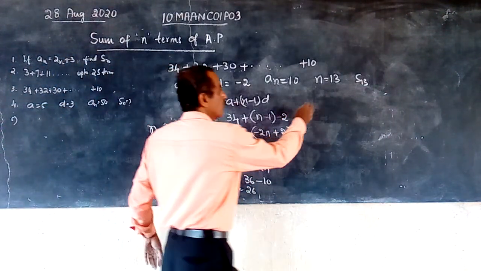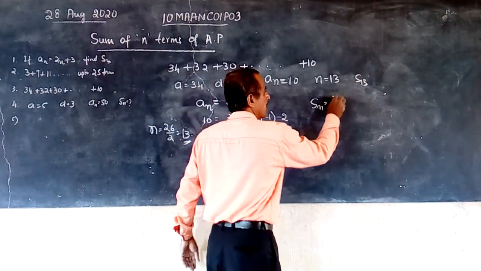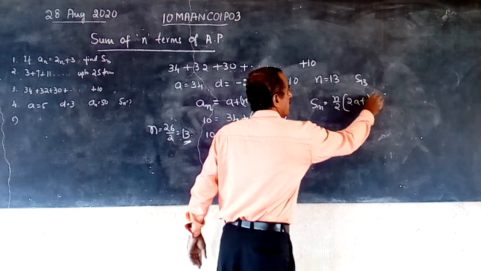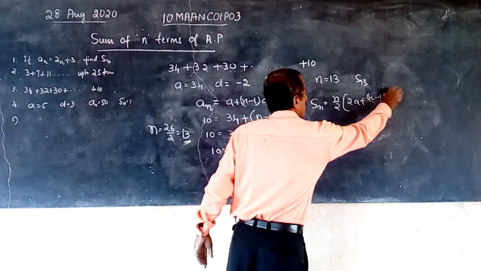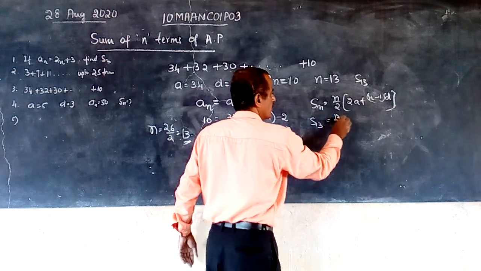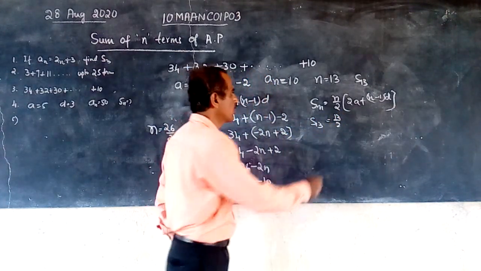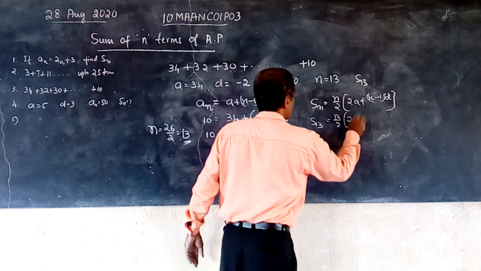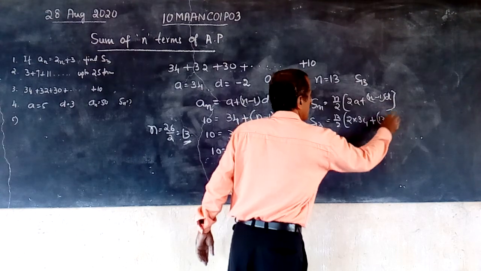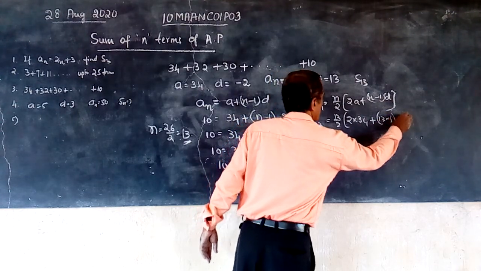Go for the formula. Sn is equal to n by 2 into 2a plus n minus 1 into d. So S13 is equal to 13 by 2, as n is equal to 13 now, into 2 into 34 plus 13 minus 1 into d, where d is equal to minus 2.